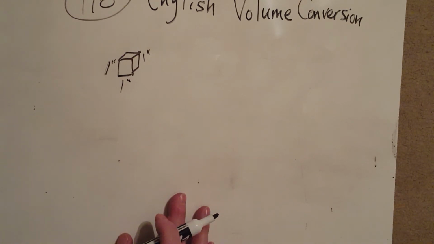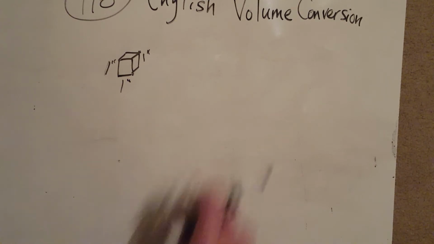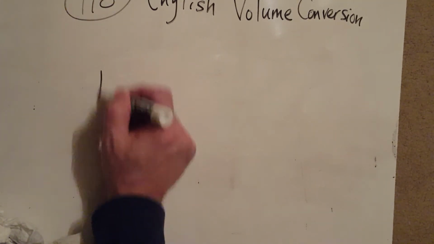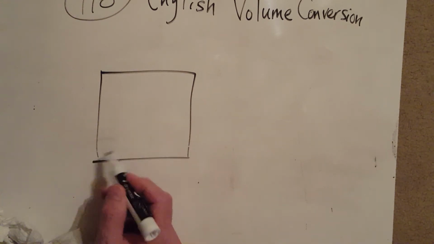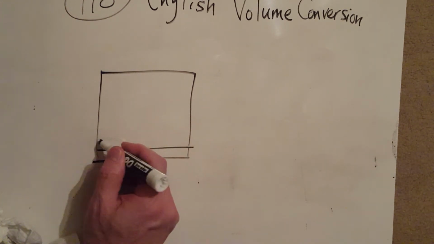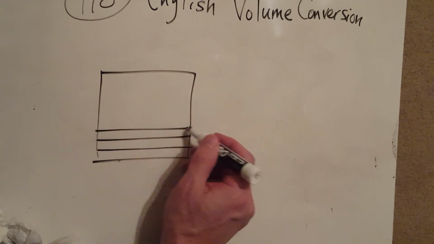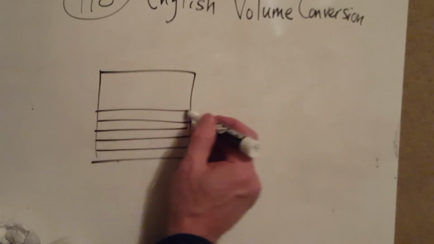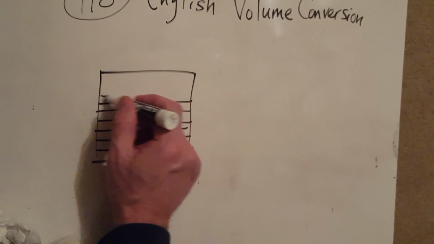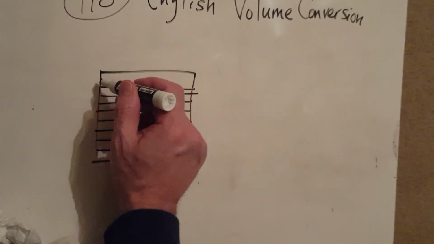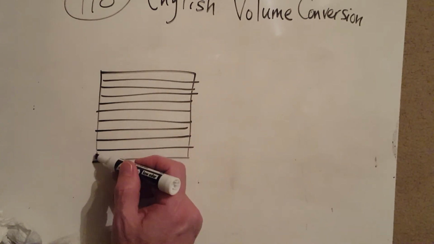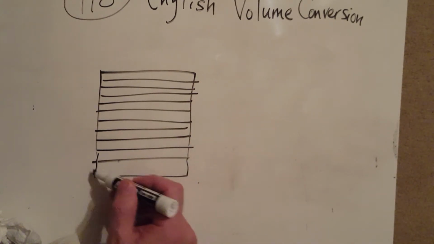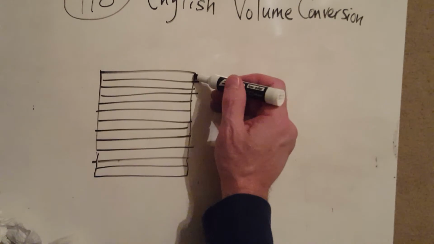So that's a cubic inch, and if you want to find out how many cubic inches are in a cubic foot, what you could do, how you could conceive of that, is you could imagine a big box that was divided into smaller boxes. I'm not going to be able to do all these, but I think you get the point. 1, 2, 3, 4, 5, 6, 7, 8, 9, 10, 11, 12. Okay, there we go.